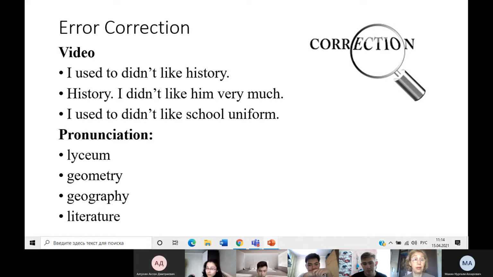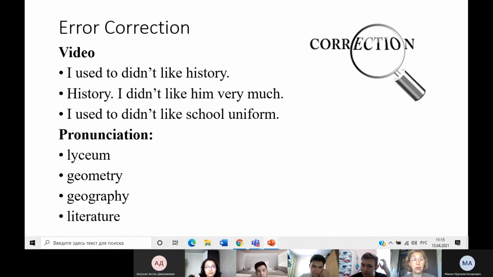The students say, I used to didn't like history. So it doesn't sound like English. То есть я обычно не любил историю, да, вот так у нас по-русски мы говорим. И получается, что это калька с русского языка, used to обычно раньше не любил историю. It's not English. We can't say used to didn't like.